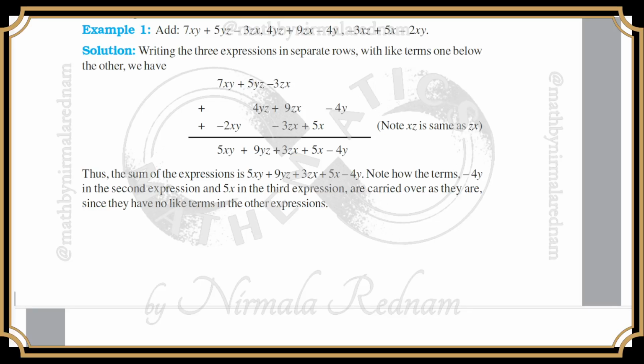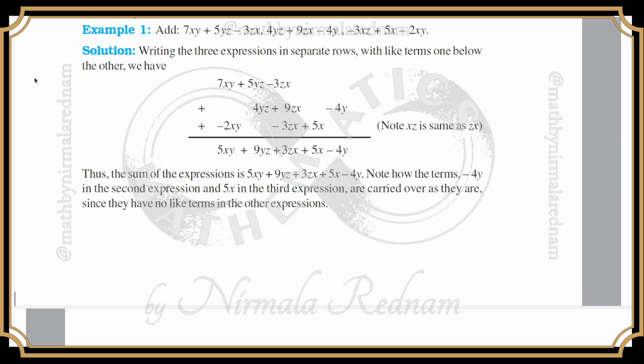Let's look at the first example given. They have given three algebraic expressions and they want us to add these three expressions. We have discussed how to add, subtract or multiply any two or more given algebraic expressions, right? So here, for adding, we need to write the expressions with the like terms in the same column.